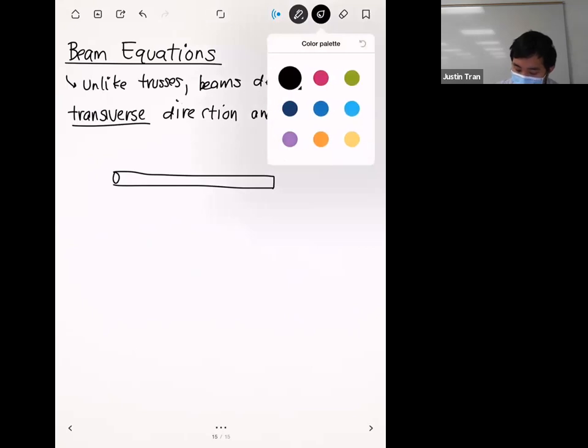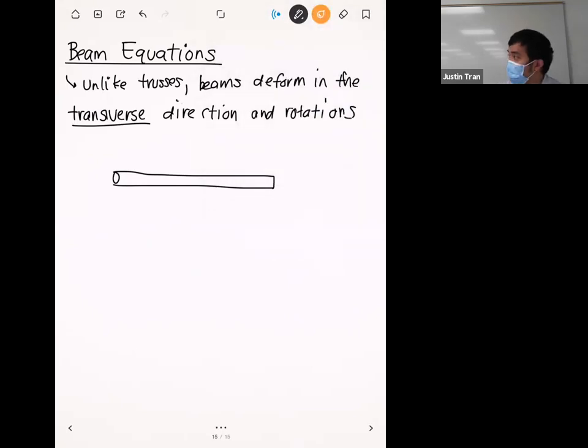But instead of having displacements that go along the length of the beam, we're going to have displacements that go in this direction instead. Those are the transverse displacements.